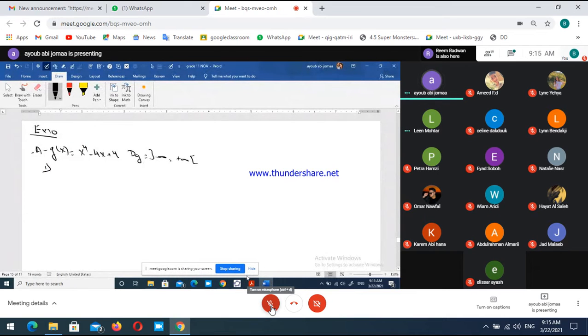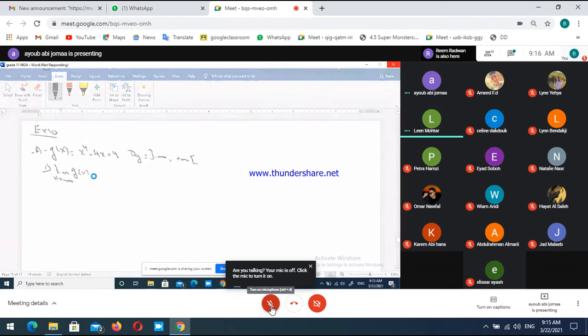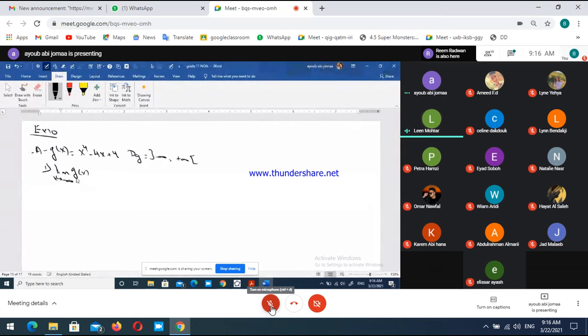Limit as x approaches negative infinity of f of x, or g of x, equals limit as x approaches negative infinity of x power 4, which is negative infinity to the power 4, which is positive infinity.